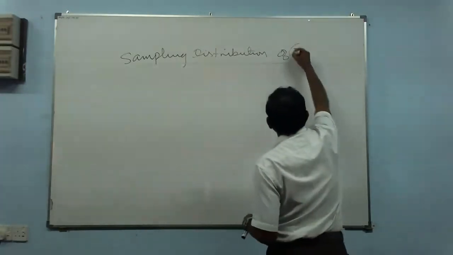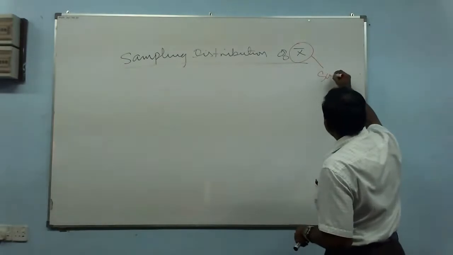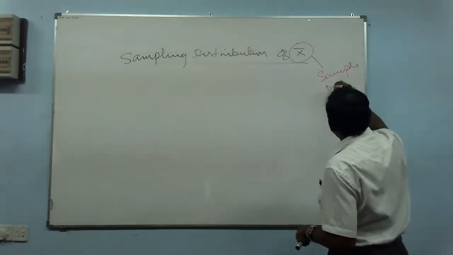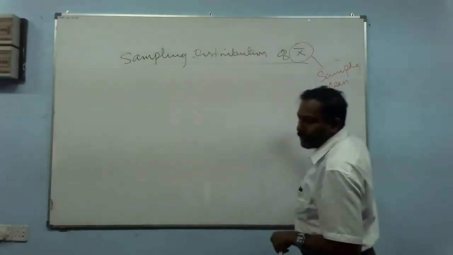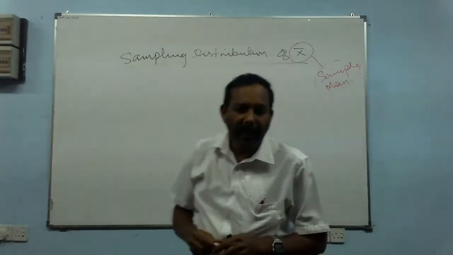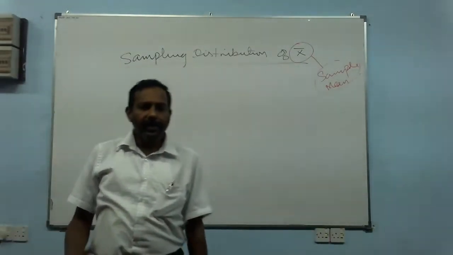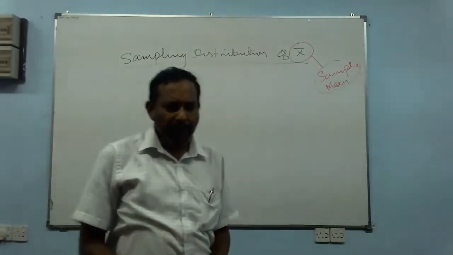How do you call this? It is the sample mean. So, the sampling distribution of sample mean. Another term: sampling distribution of sample mean. What do you mean by sampling distribution of sample mean?